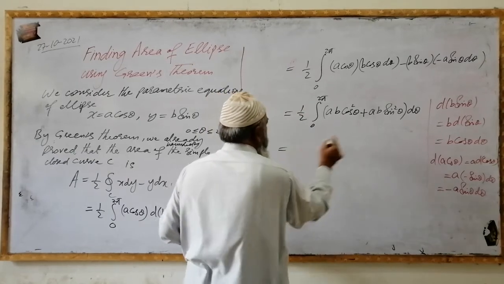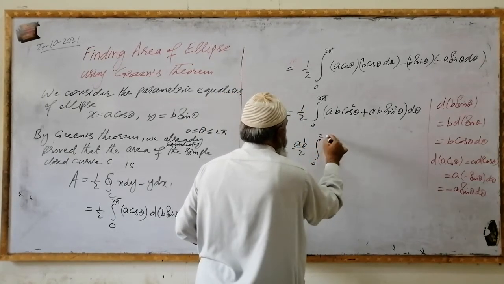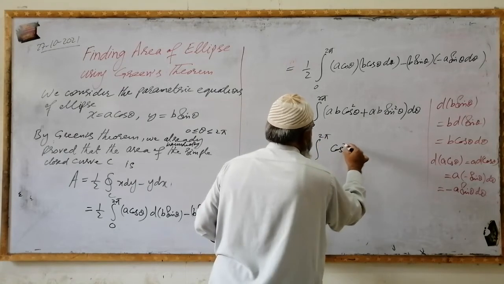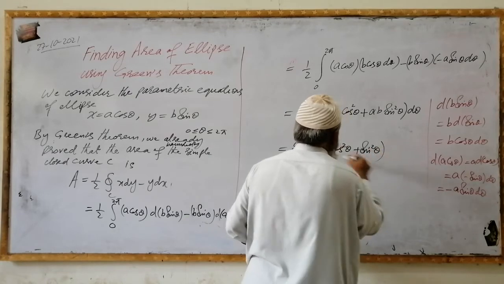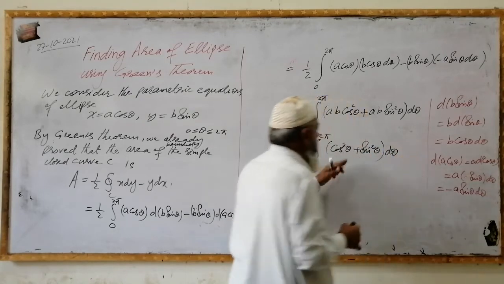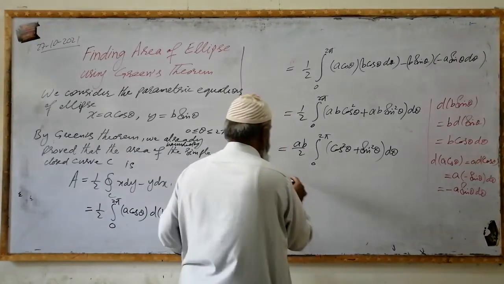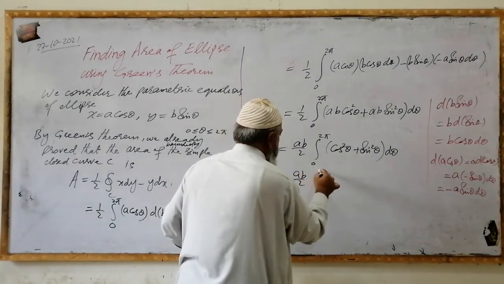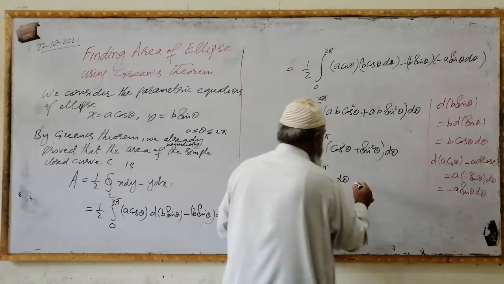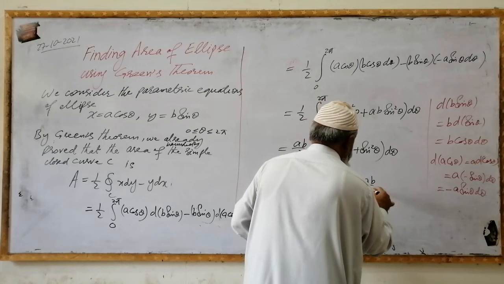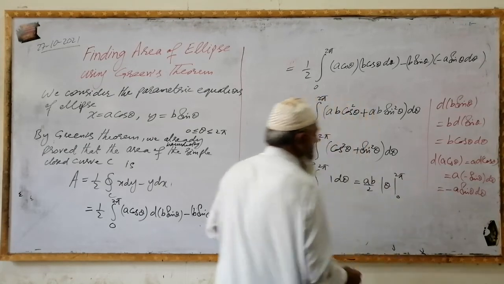Now once again, if we take common ab, we will have 0 to 2 pi cos square theta plus sin square theta d theta. Do you know the value of cos square theta plus sin square theta? It is 1. Therefore write here 0 to 2 pi 1 d theta. What will be the integration of 1? That is theta with respect to theta, and obviously you have to write limits, lower limit and upper limit.